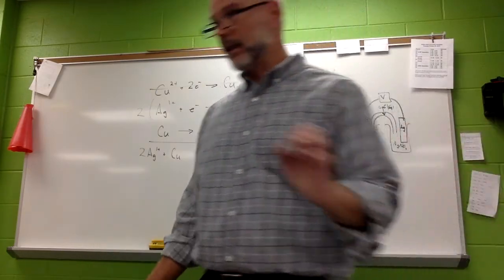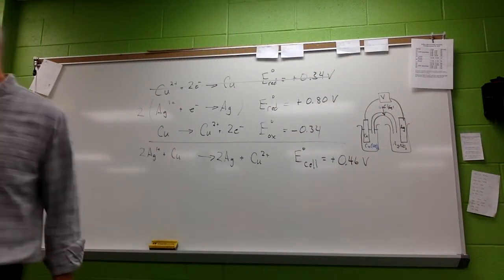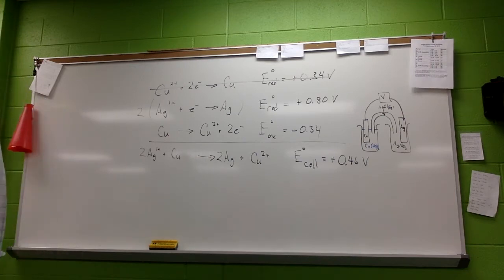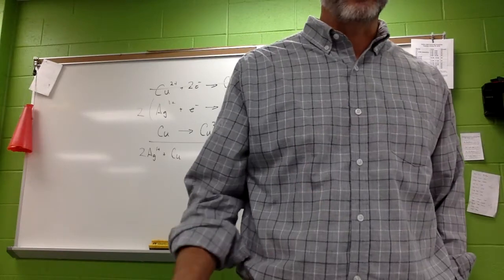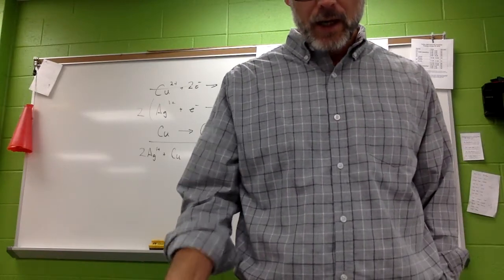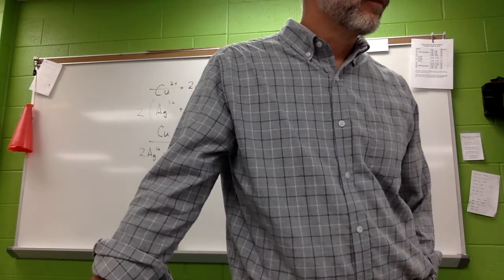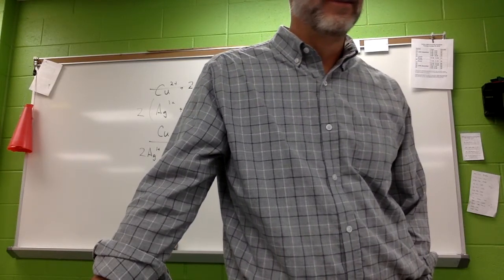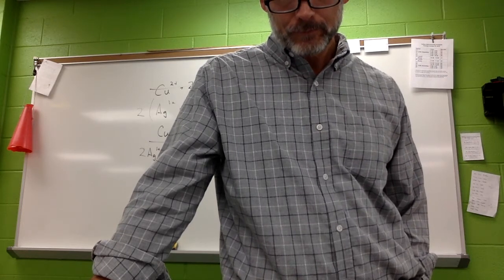Now I have slightly different numbers because when I created these notes, I was using a different textbook in which the standard reduction potentials were given, and I had 0.27. Either way, good enough. How many electrons were transferred? Two.